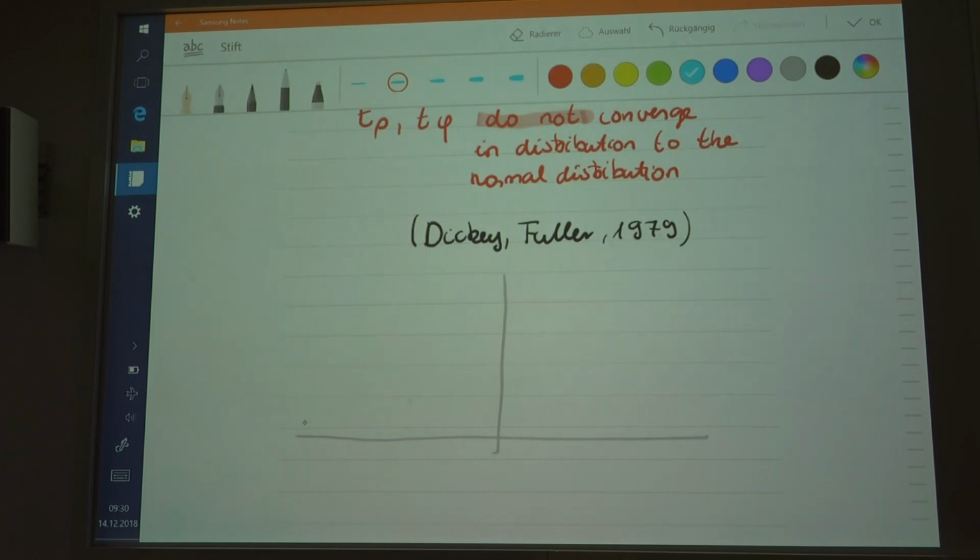The standard normal distribution looks like this, and the Dickey-Fuller distribution, this is just a little approximation, is shifted more towards the left. So it looks something like that.